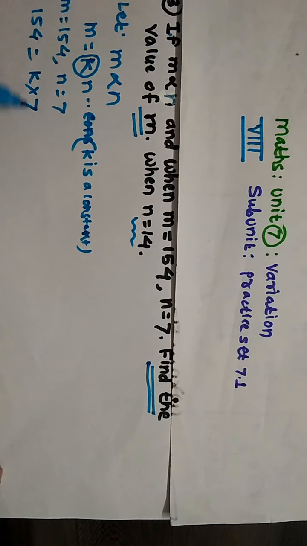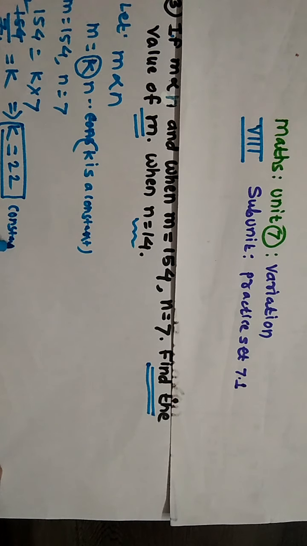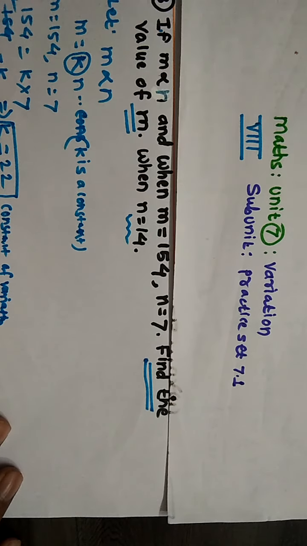Now solve this. 154 upon 7 is equal to k. Therefore k is equal to 22. This is called the constant of variation.